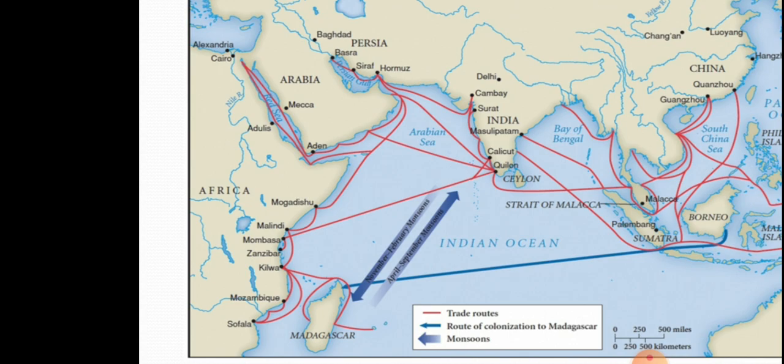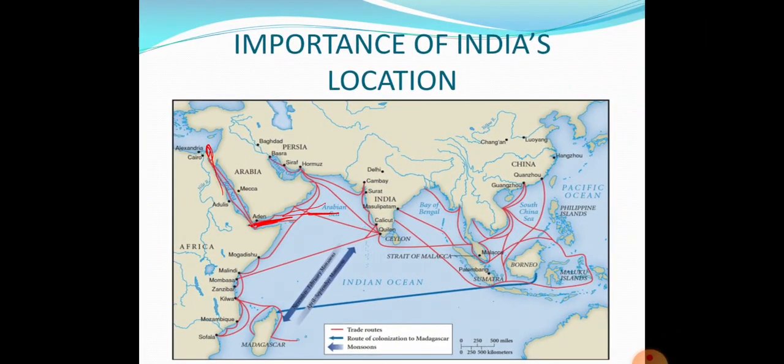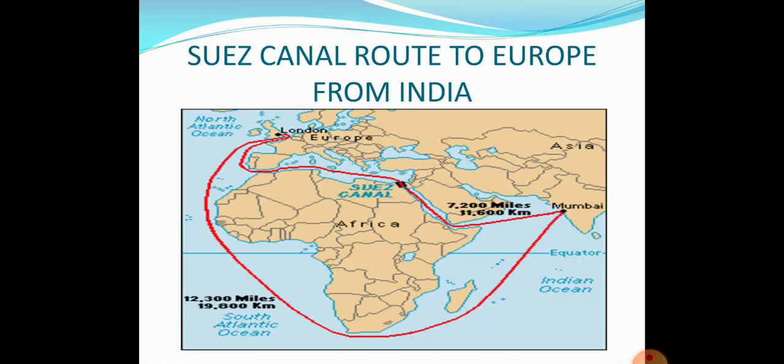I can show you that from India you can go to Arabian Sea, then Gulf of Aden here, and from there you enter the Red Sea, and from there you can enter the Mediterranean Sea. I'll show you that separately, but India's location is very important.